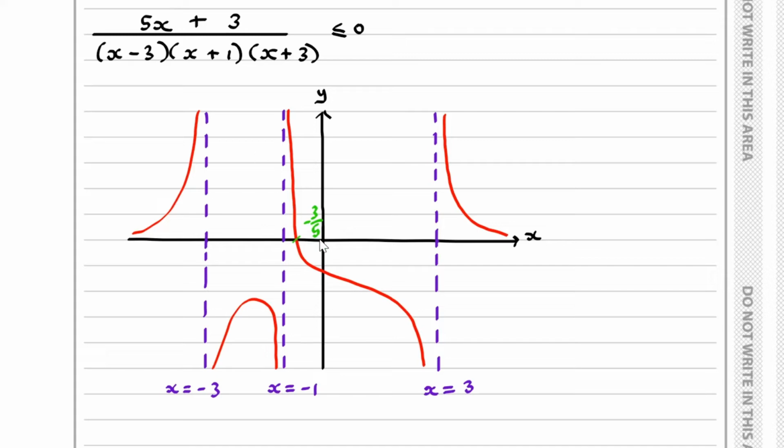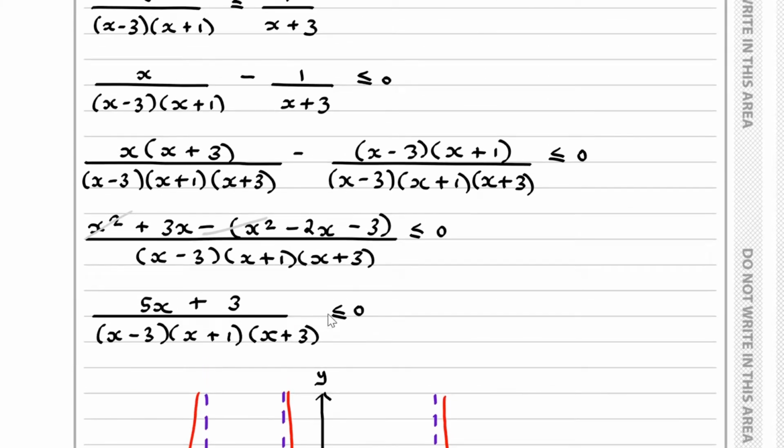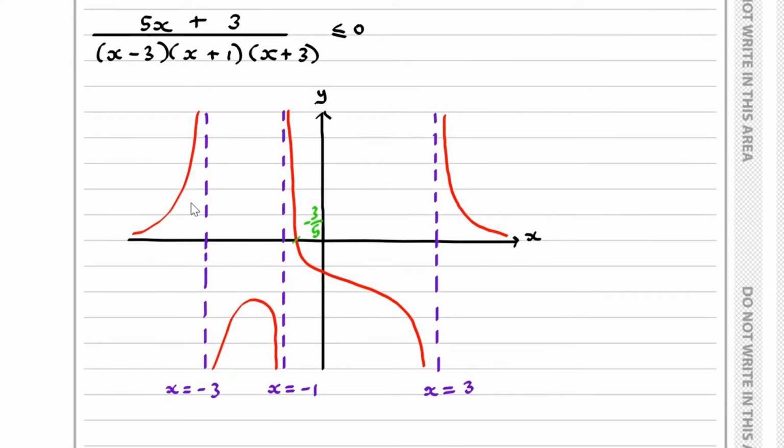It crosses at minus 3 over 5, and we've got our asymptotes. We have a linear over a cubic, so we have this sort of graph. So when we come to find out the values which are less than or equal to 0, we're looking below the x-axis.